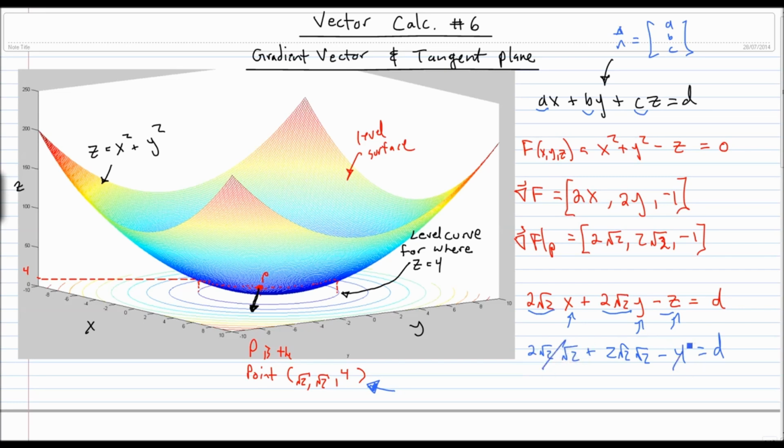Okay, so 4 minus 4 is going to equal 0, and that equals 4. So that means that D equals 4. Okay, so now what can we do? Well, I can divide everything through by 2 here to make things a little bit simpler.